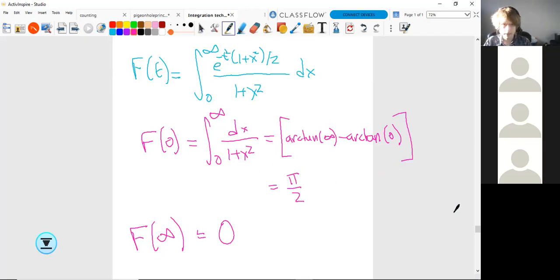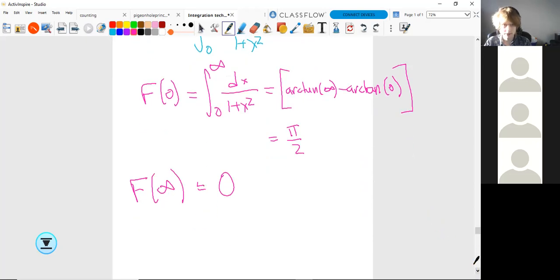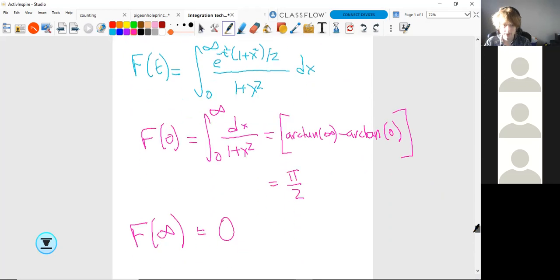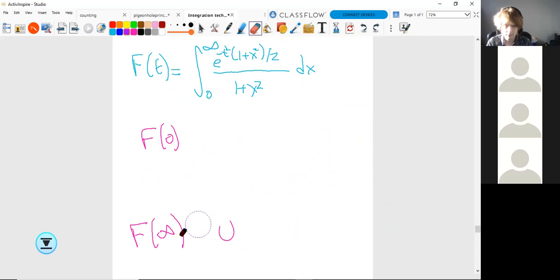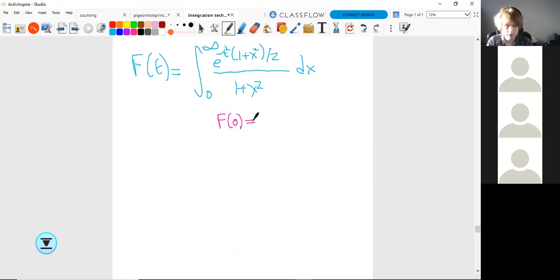So with that in mind, let's take the derivative of this sucker. So I guess I'll just rewrite it down. I'll just abbreviate all this stuff. Let's just make more space. F of 0 is equal to pi over 2. F of infinity is equal to 0.